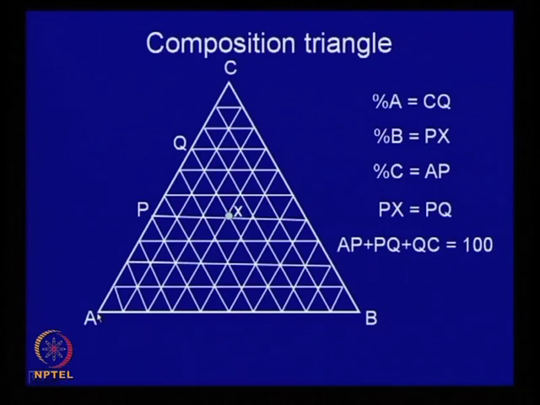Here, if you look at this point, the percentage of C is 0. Going to the next line it is 10, 20, 30, 40, 50, 60, and likewise it becomes 100 over here.